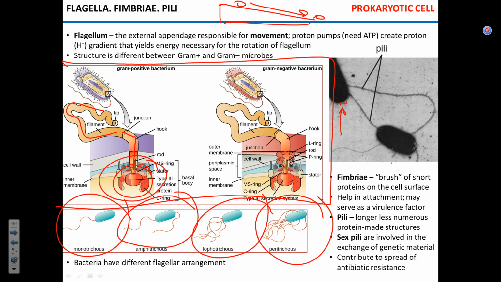Pili. So these are pili. They are long protein projections, like tubes. And pili can form bridges between bacteria. They can form a line of communication between two bacterial cells. We call these structures sex pili. What essentially is sex?